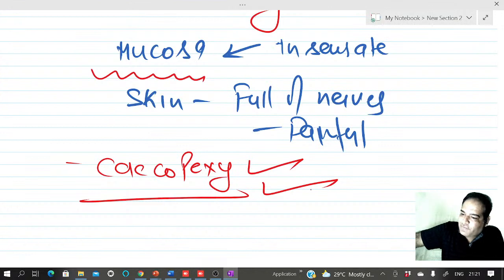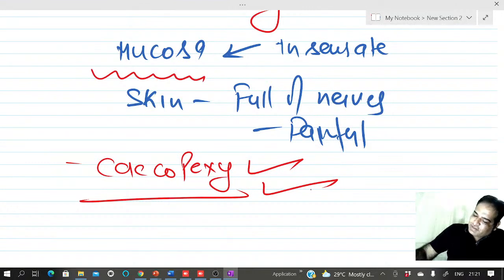Cecopexy means fixation of the cecum to the posterior wall. If I would do it, I'll do it by laparotomy. But an experienced surgeon will do it laparoscopically. These days the surgeons are doing Whipple's operation laparoscopically. All the bigger surgeries, they are doing laparoscopically.